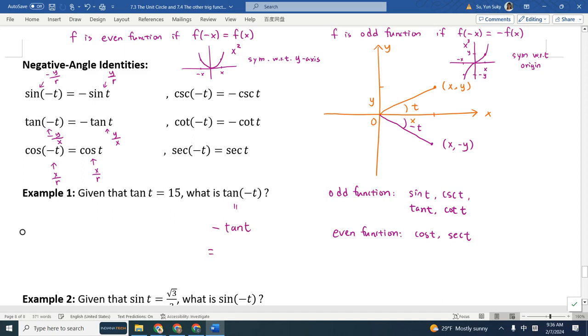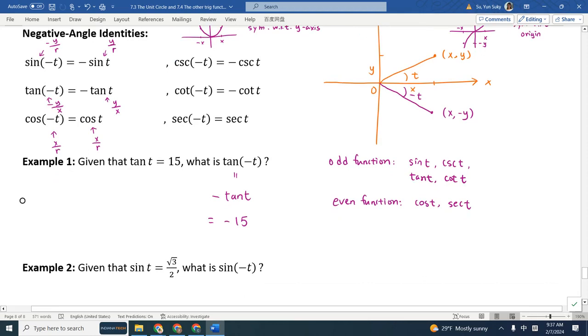What is minus tangent t? Negative 15. Yeah, that's it. So you relate the negative angles and the positive angles. Does the trig function eat the negative sign? Okay. How about example 2?